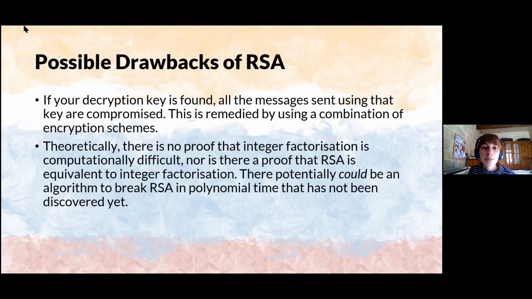So he knows that, one, only he can read it, and two, that it's actually Alice. So this isn't perfect, right? If your decryption key is found, all of the messages you've sent using the key are compromised. So you've talked to 500 people, and now anyone who is listening in, keeping the data, now knows all your secrets. So this can be remedied using a combination.